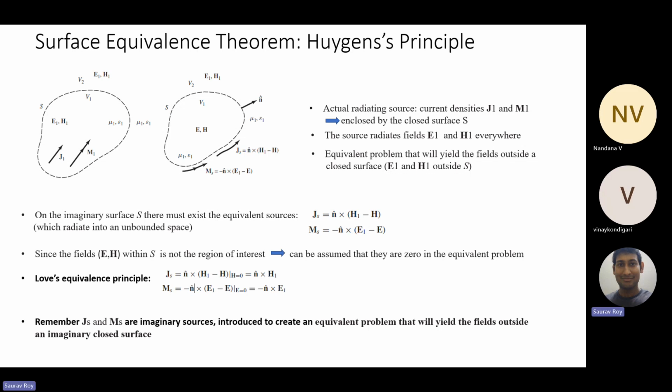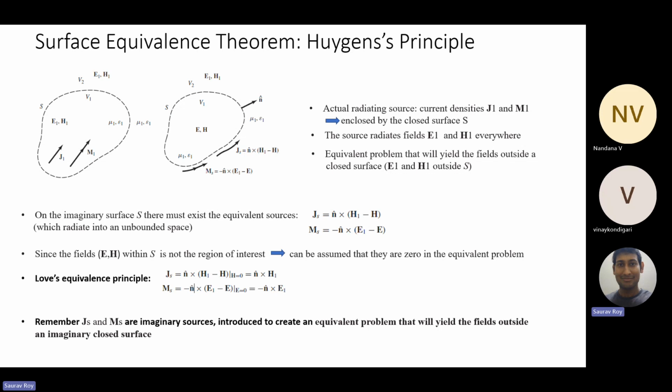So that is what we are going to do, because it will make our calculation easier. I told you the surface is imaginary, as well as these current sources Js and Ms, all are imaginary, so it is all in our hands. We will put some kind of surface S that will make E and H zero. This version is called Love's equivalence principle.